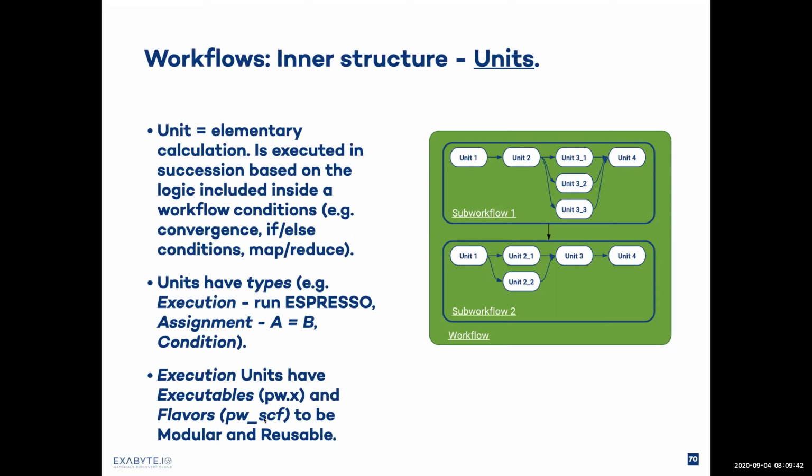So for a self-consistent field workflow for pw.x in the Quantum Espresso suite, we'll have the corresponding flavor. For non-self-consistent field, for band structure calculation, we can have the corresponding flavors again to make each of these templates reusable between multiple different sub-workflows.